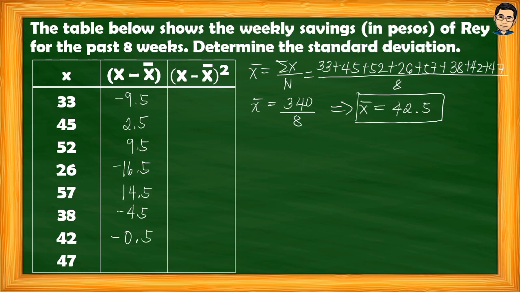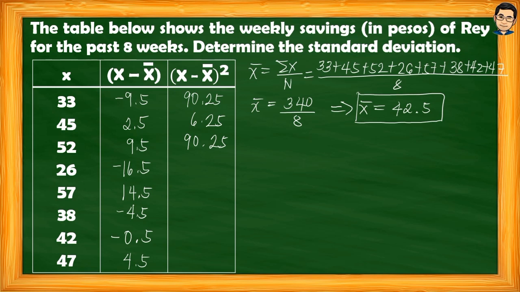And finally, 47 minus 42.5, we have 4.5. And then square lang natin sa third column, so negative 9.5 square, we have 90.25. 2.5 square, that is 6.25. 9.5 square, that is also 90.25.